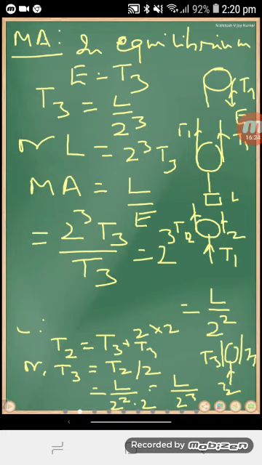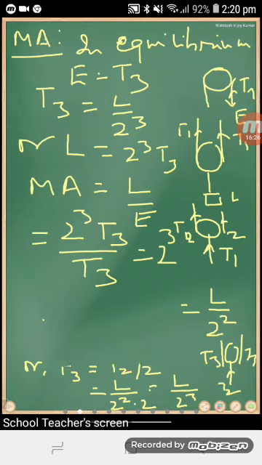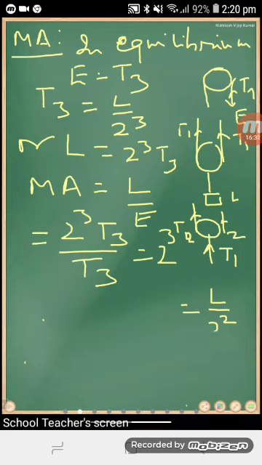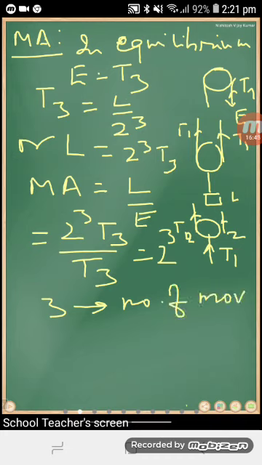Here, it's important to understand what this 2 to the power 3 means. If you observe the number of movable pulleys which we were using in this system, 3 basically represents the number of movable pulleys.